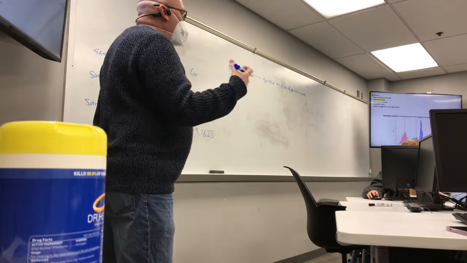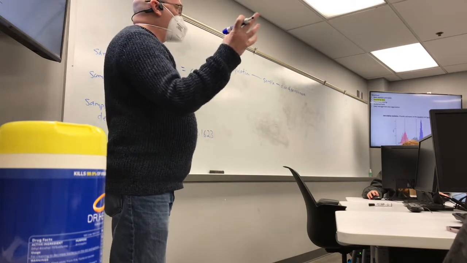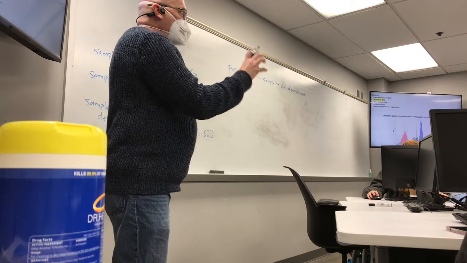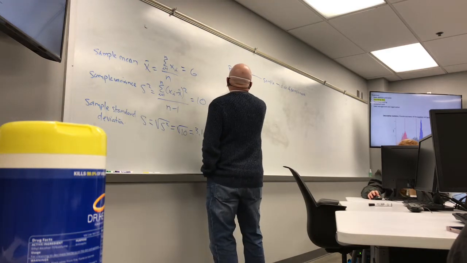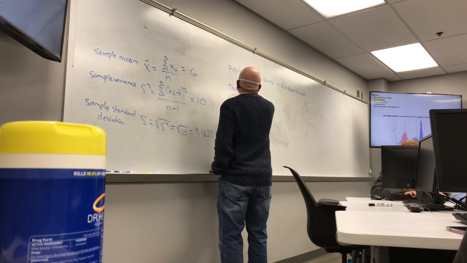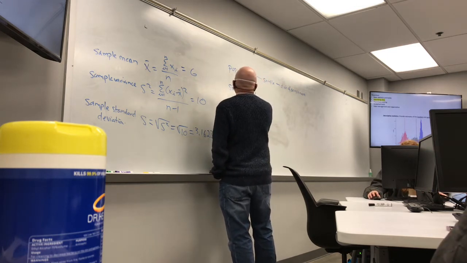And that transition occurs when we calculate the next thing on our path to figuring out what the sample tells us about the population. So we need the standard error of the mean.